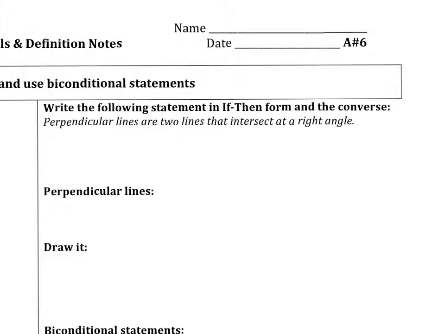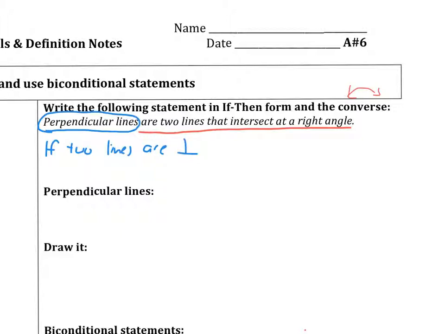So let's refresh ourselves that the converse is the reverse of the if-then, where we switch the hypothesis with the conclusion. Generally speaking, since this is my subject, perpendicular lines, and here's my predicate, are two lines that intersect at a right angle, we can say something like this: if two lines are perpendicular, and I'm going to use this symbol for perpendicular, then the predicate can be the conclusion.